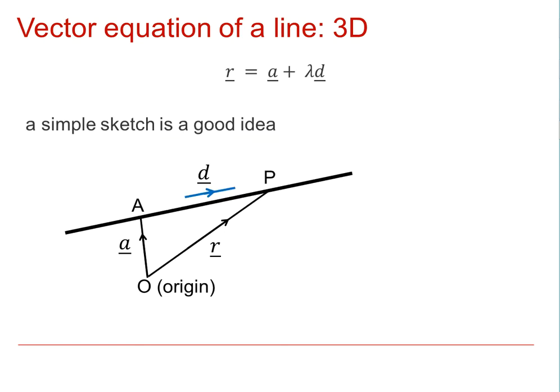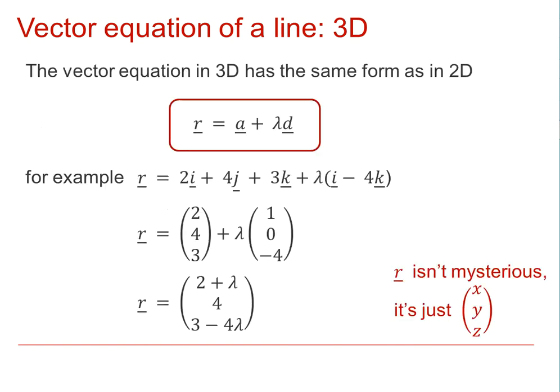A simple sketch is a good idea and may help you to remember what this is all about. Just try and imagine this in 3D rather than in 2D. r is not mysterious, it's just finding the coordinates x, y, z of any point in the line.